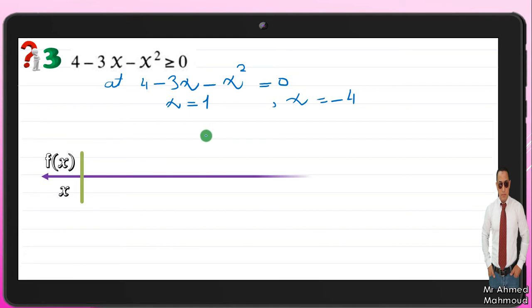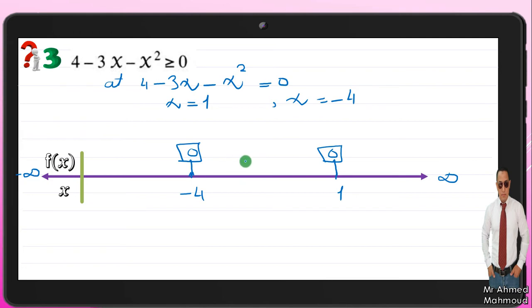They are the zeros of the function. The number line here negative infinity, infinity, and in between they are negative 4 and 1. This is 0 and also this is 0.